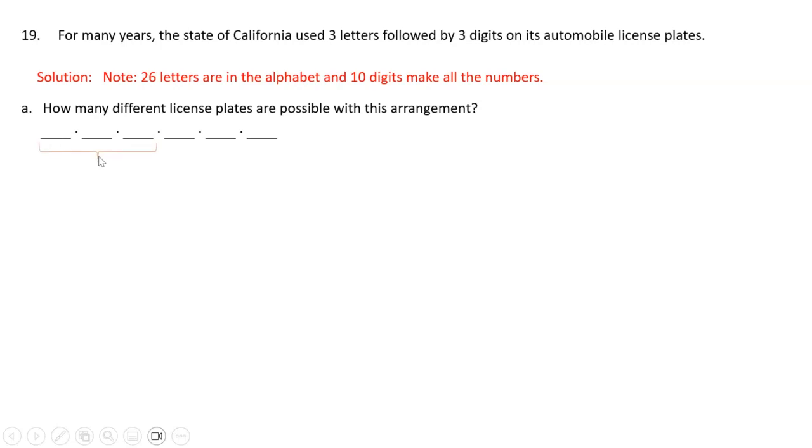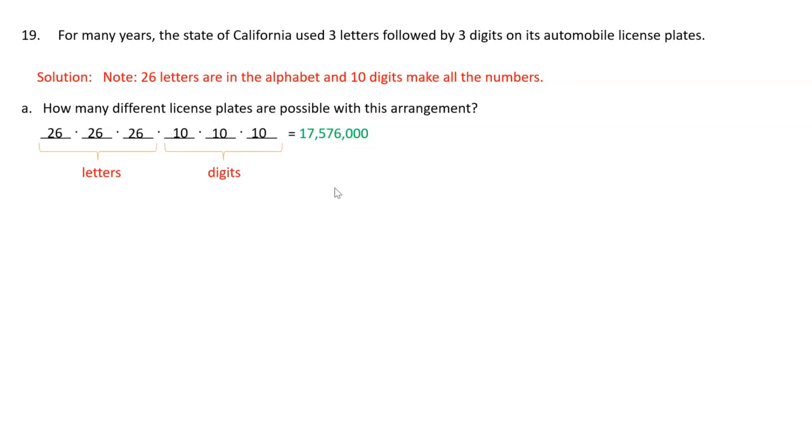These are my 3 letters, followed by 3 digits. Here, guys, they didn't say anything about any replacing or any restrictions, right? So how many letters are in the alphabet? 26. So it'll be 26 times 26 times 26. And for the digits, it will be 10 times 10 times 10. That's the answer for A part, right? Multiply them out, and that's the answer.